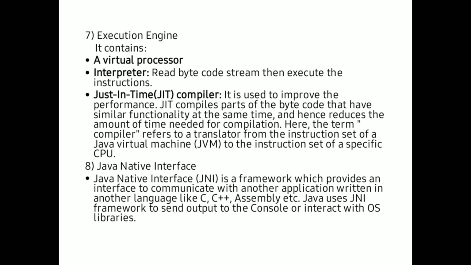And the final one, the eighth one, is the Java Native Interface, JNI. It is a framework which provides an interface to communicate with applications written in other languages, like C, C++, and assembly languages.